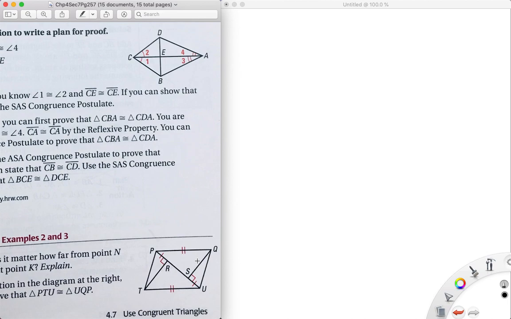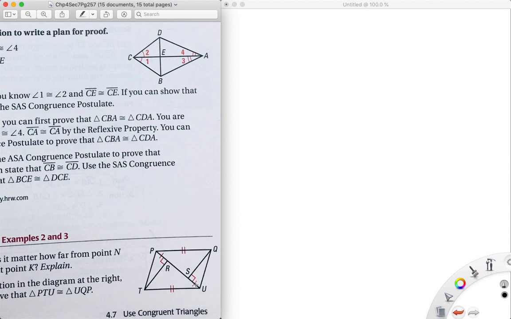And I see that I'm probably going to have to prove these two medium-sized triangles. So you have small, medium, and large. I have to prove the medium triangles congruent by using hypotenuse and leg.